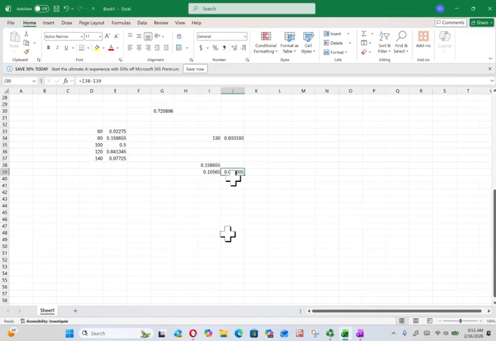So the probability of a number between 507 and 509 is 5.3%, or 0.053.